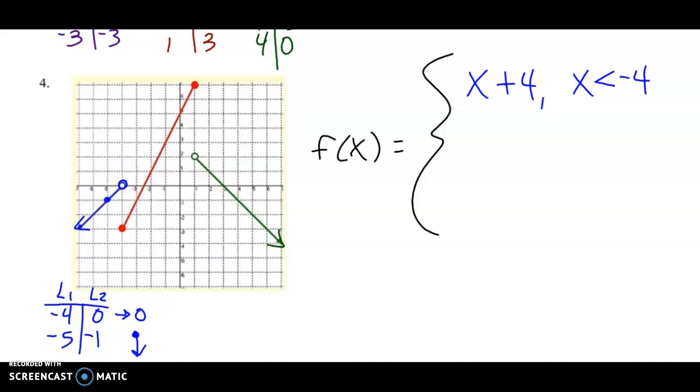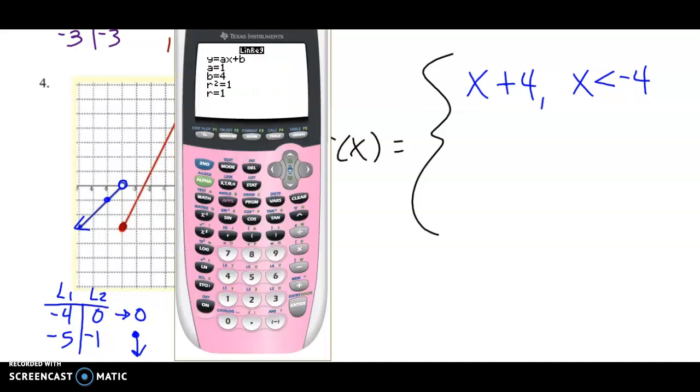Moving to the red. I have a nice closed circle down here. That point is -4, -3. This one's not continuing in any way, so I'm going to use my 2 endpoints. The other one is 1, 1, 2, 3, 4, 5, 6, 7. 1, 7. So again, I'm going to do this as we go in pieces.